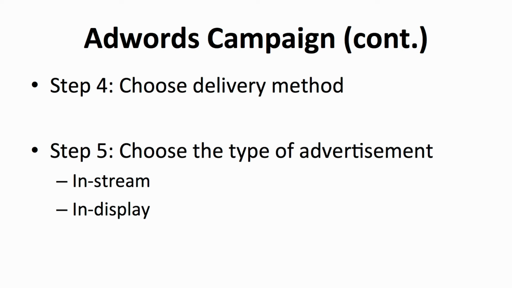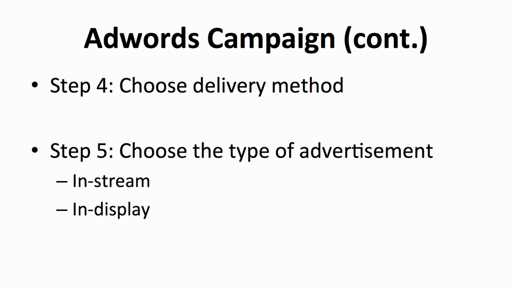Next step is to choose the type of advertisement you want for your video. There are two types of ads, the in-stream and in-display video. The in-stream video ad plays before another video. Viewers can choose to skip your video after a few seconds. You pay only if viewers watch for 30 seconds or to the end of the video, whichever comes first.